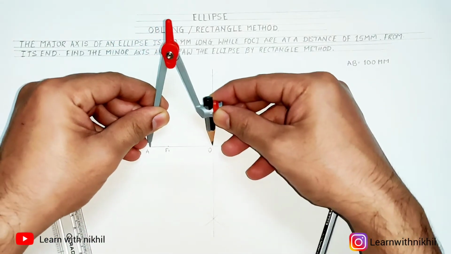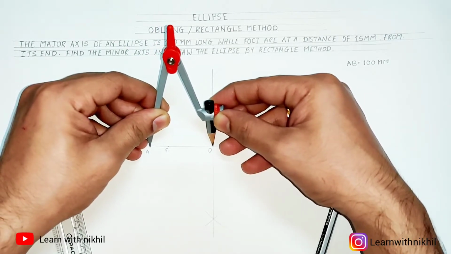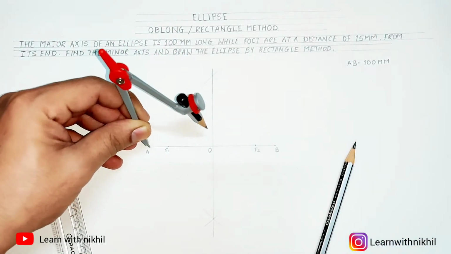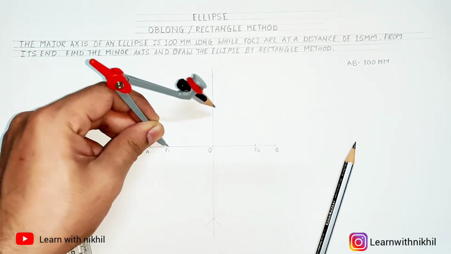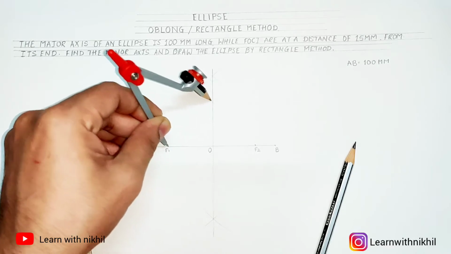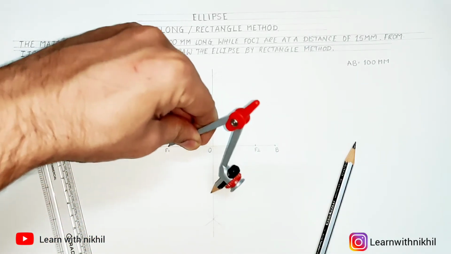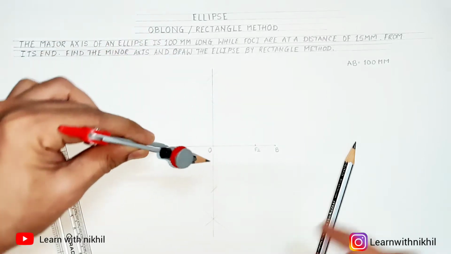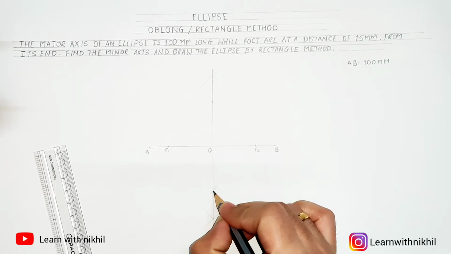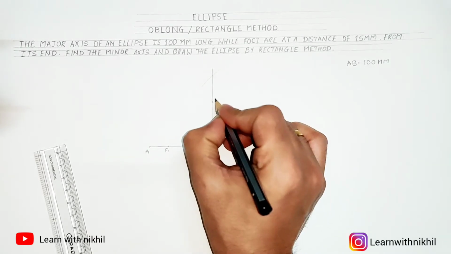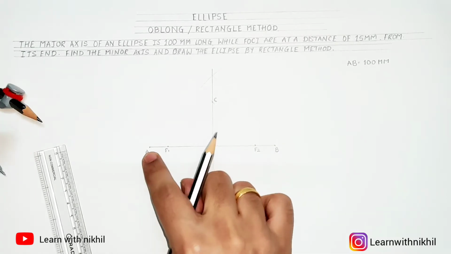So I'll take the distance A to O, keep it on F1 and cut an arc on the vertical line and same on the bottom side as well. So these 2 points will be my ends of the minor axis. I will mark them as C and D. So CD will be my minor axis.